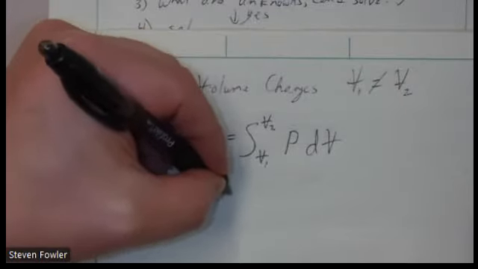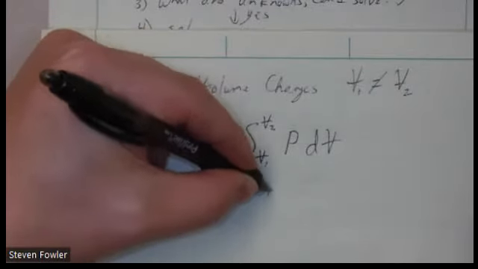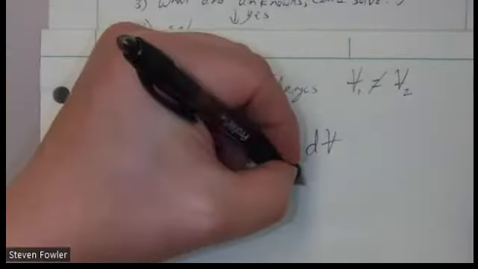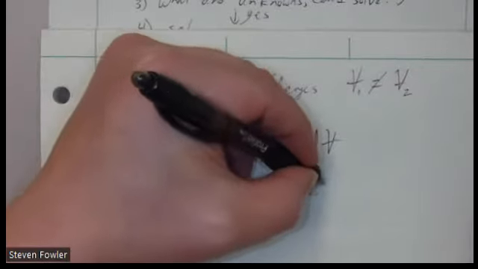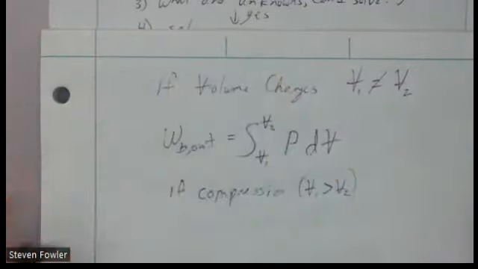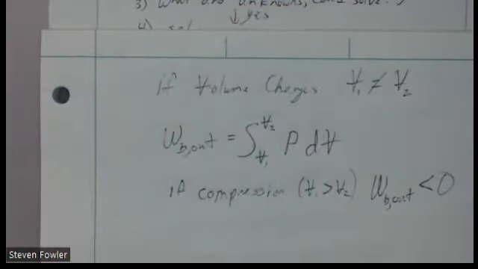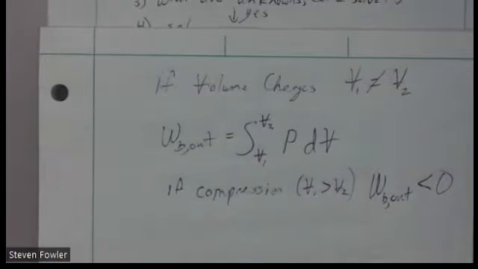If it's compression, that is V1 is greater than V2, and I'm going from a larger volume to a small volume, then my boundary work in the out direction will be negative. It's actually work in. We're putting work into the system to cause it to compress.